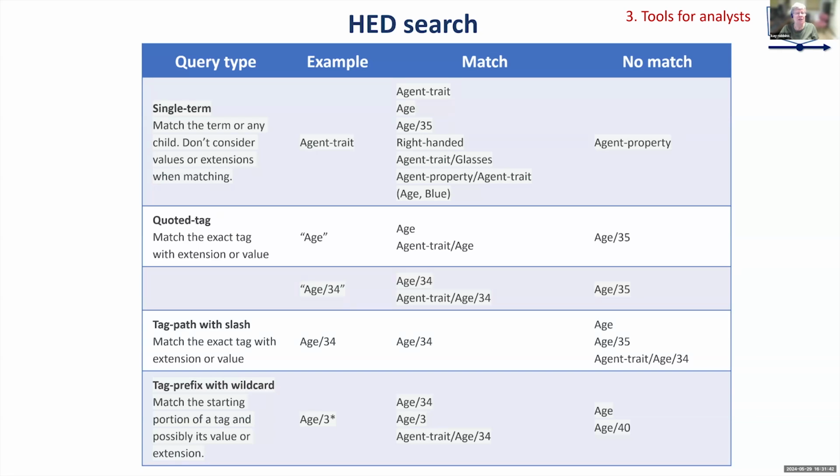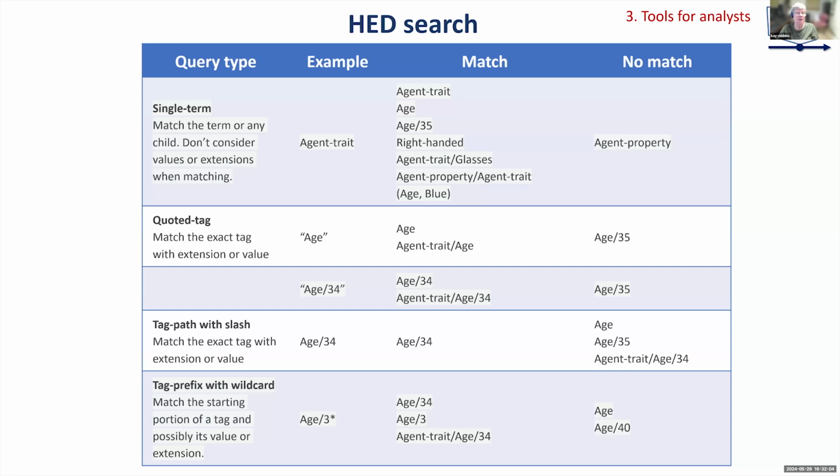Right-handed is also an Age-and-trait, and here we don't have a Glasses Age-and-trait, but I've extended Age-and-trait with Glasses, and that's okay. And I've done an Agent-trait whose parent is Agent-property, so that also matches.